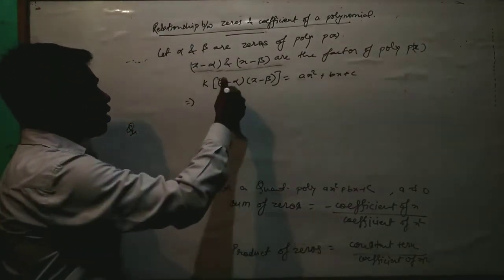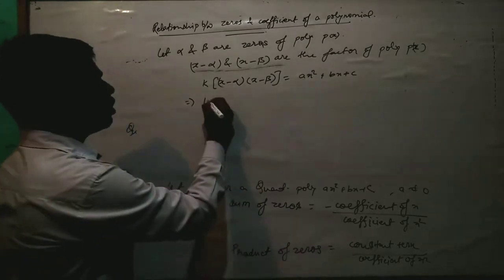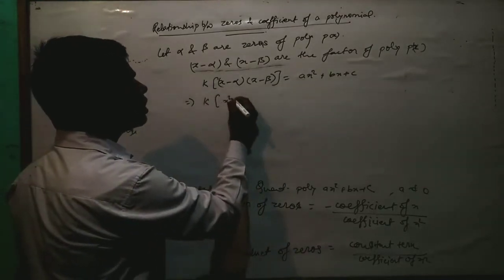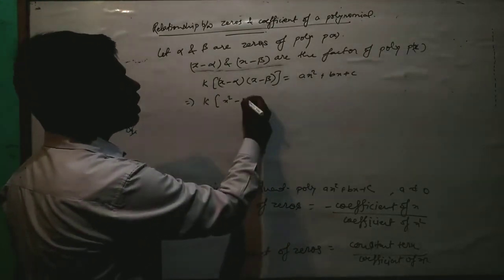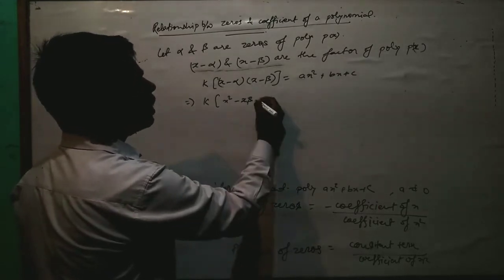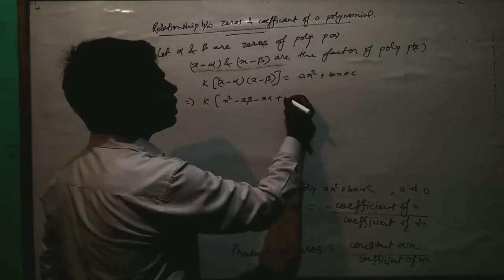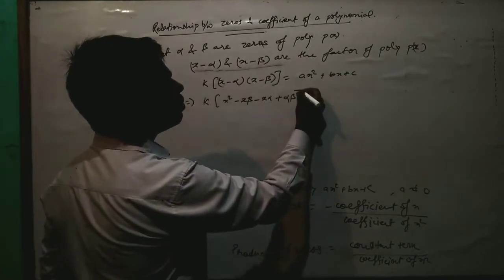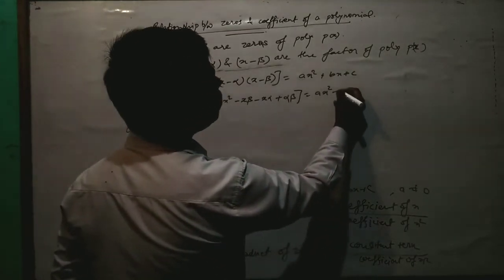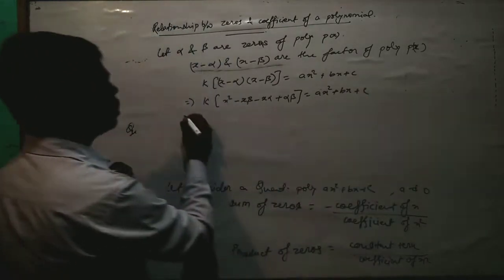Now we solve it. Then we get k into x square minus x into beta minus x into alpha, plus alpha into beta, is equal to ax square plus bx plus c.